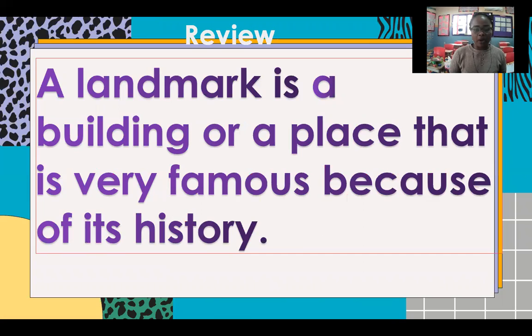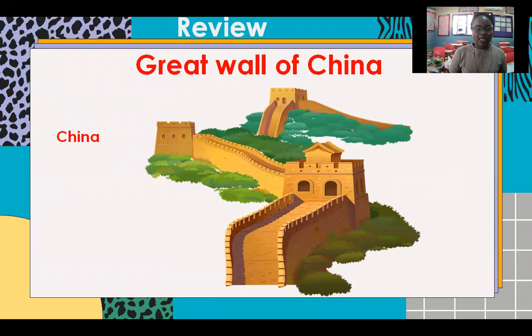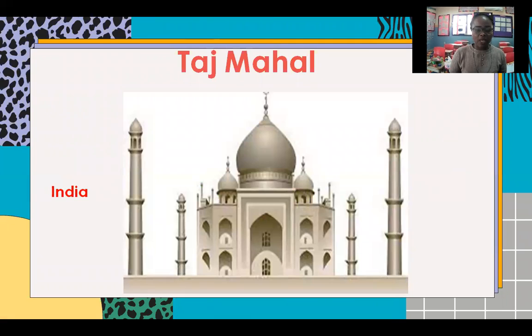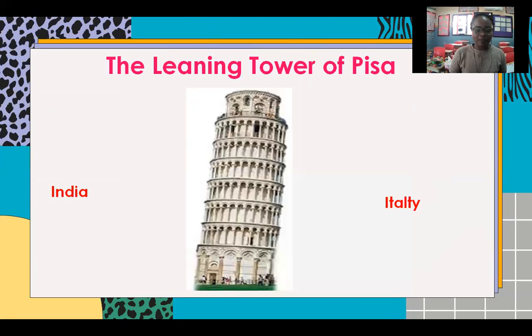Now let's go to our previous topic. Let's quickly review our previous topic. Last week we talked about landmark, and we said a landmark is a building or a place that is very famous because of its history. We talked about the Great Wall of China, located in China. The Taj Mahal, located in India.